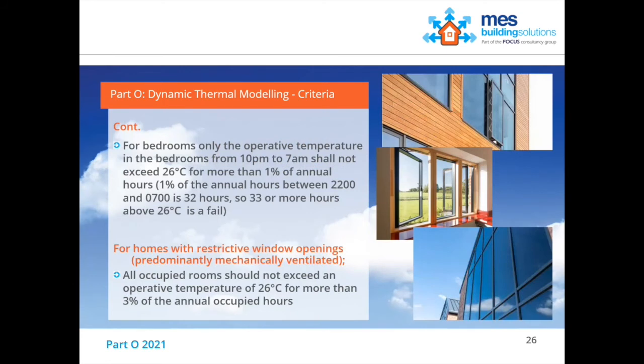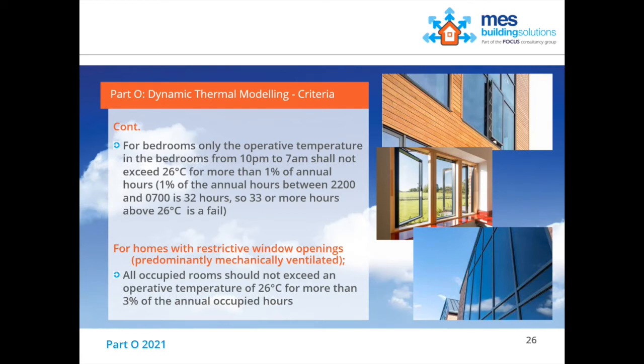We then have another criteria that's relevant only for bedrooms. And that essentially is that the operative temperature shouldn't be more than 26 degrees for more than 1% of the occupied hours overnight. So this essentially is, how comfortable are the bedrooms for people to sleep in overnight? And essentially, if we're 33 or more hours above 26 degrees, then that's a fail.